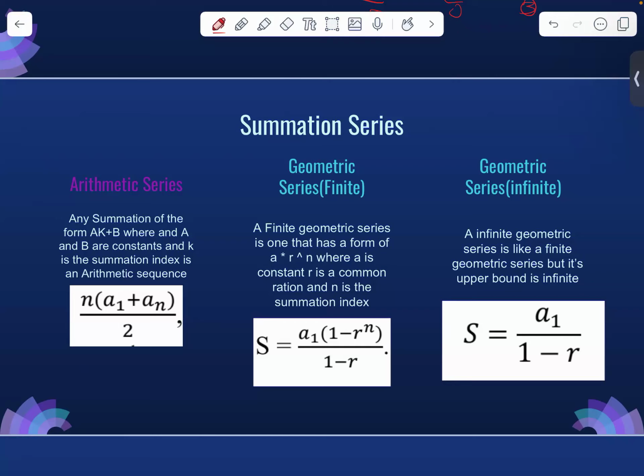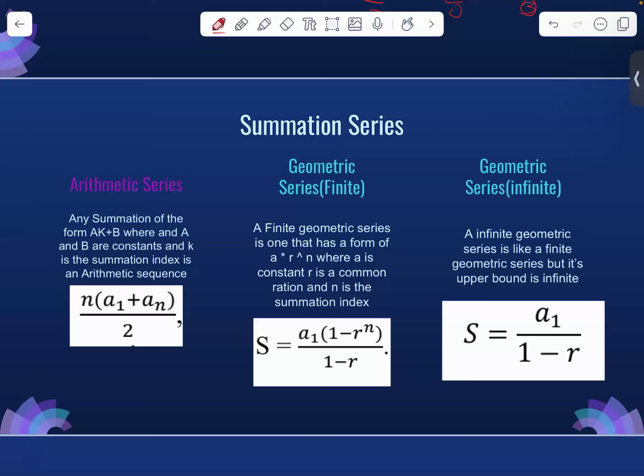You can evaluate an arithmetic series with this formula. It's going to be n, where n is the upper bound of the summation, times a_1, the value of the first term of the summation, plus a_n, the value of the last term of the summation, all over 2.